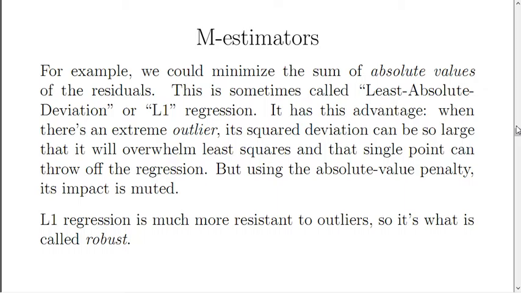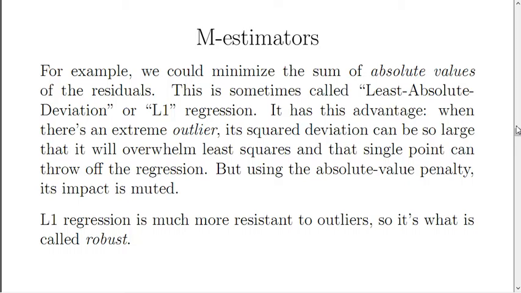Sometimes there's an extreme outlier in our data. In fact, often that happens because it's just plain an error. An extreme outlier gets an extreme deviation, a very large residual, and when we square what's very large, it gets very, very, very large.